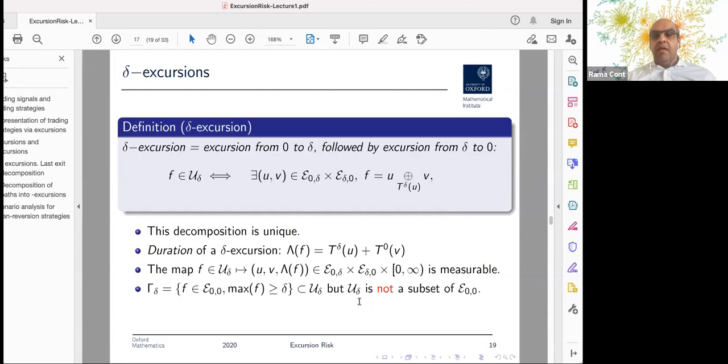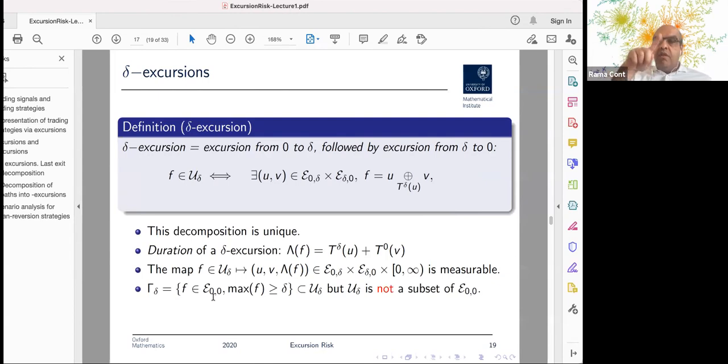So U delta, the set of delta excursions, is much bigger than this, because the way we define excursions from 0 to 0, E0,0, is you stop at the first time you reach 0. But in a delta excursion, you don't need to stop at the first time you reach zero.